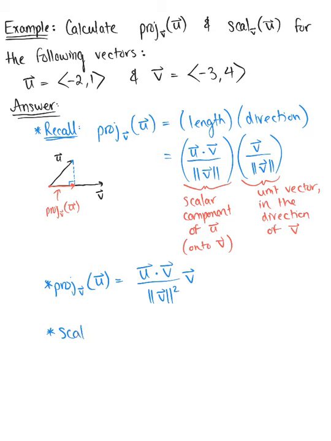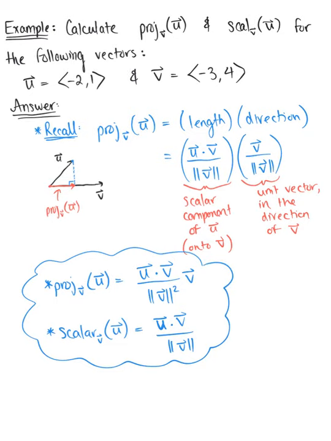And the scalar component of vector u onto vector v is equal to vector u dot v all divided by the magnitude of vector v. So these are the two equations that we'll be using here.